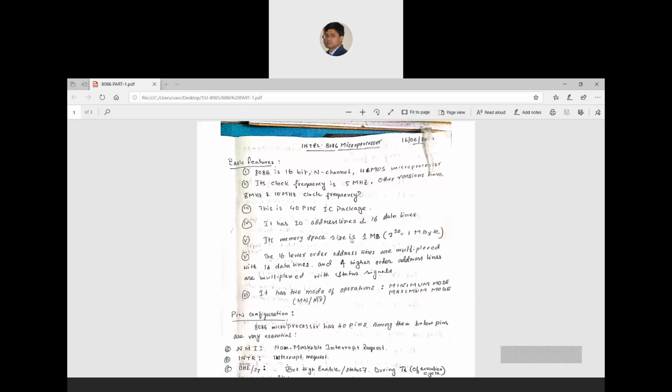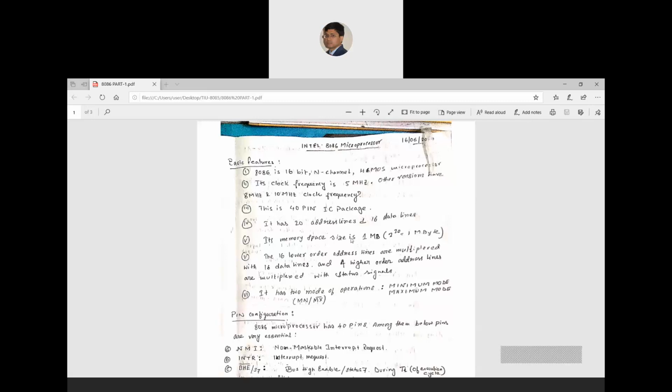When the microprocessor accesses each location of the external memory block, we should know its size, and the size of the external memory block is 1 megabyte.